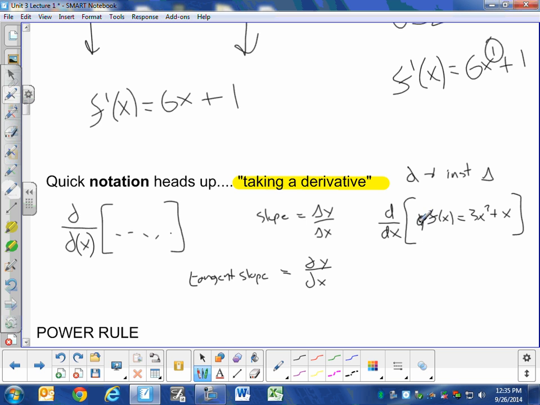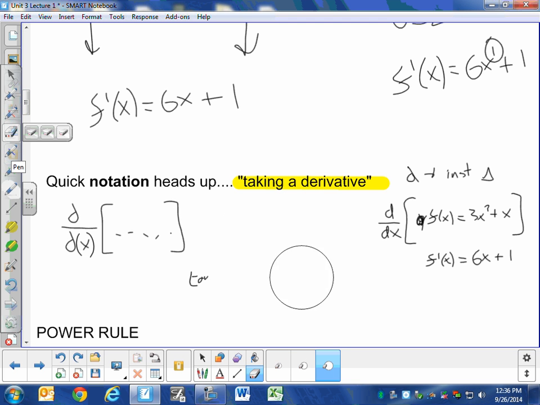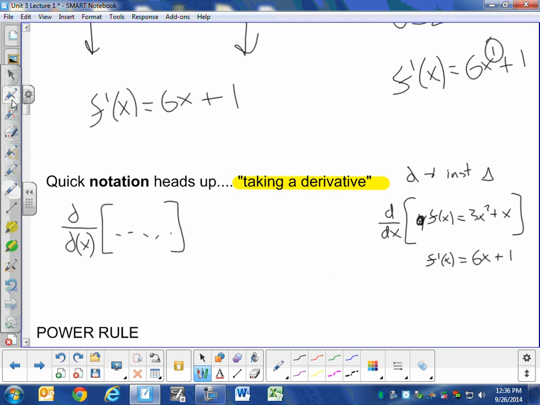And you'd say, well, the derivative of f would just be f prime. That's the only notation we really use to show that. And we find out that this is 6x plus 1. So this is take the derivative of this function with respect to x. Now, a couple other things. We could have different variables, say w's and z's.